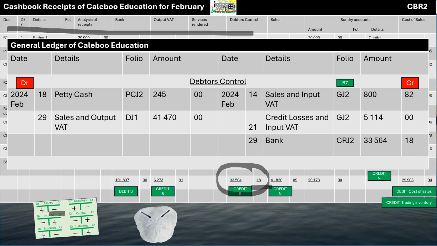The control account, there we go, is credited with the amount of money that was received from the debtor. So now we have all the transactions relating to the debtors for the month of February, and what we need to do now is balance this control account.